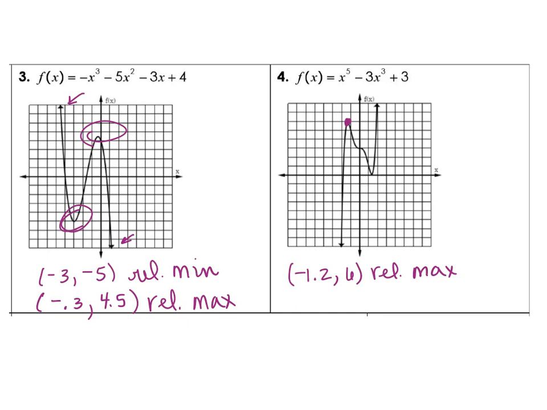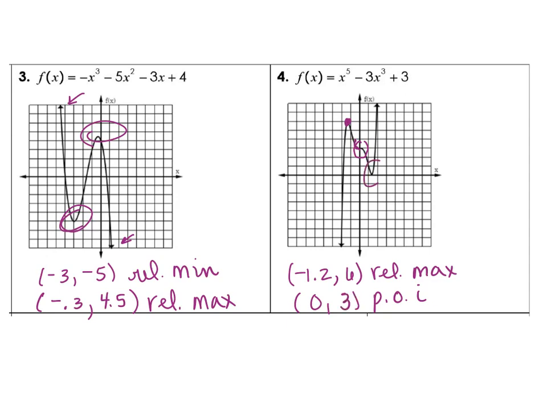And then let's see, right here, notice that we do have an important point here, but notice we did not change directions. We just changed our shape. We changed that concavity right there. So that's going to be a point of inflection. We're going to call that POI because we don't want to write all that out. And that is at 0.3.